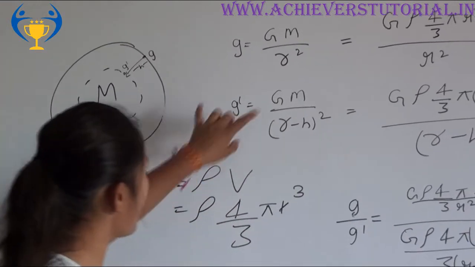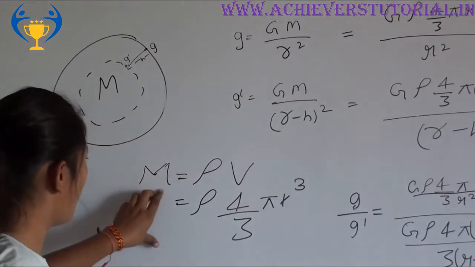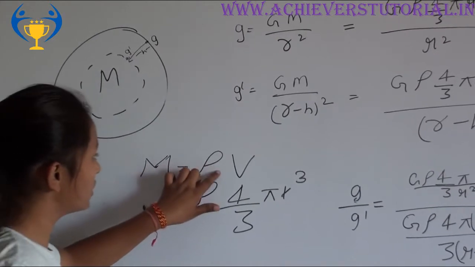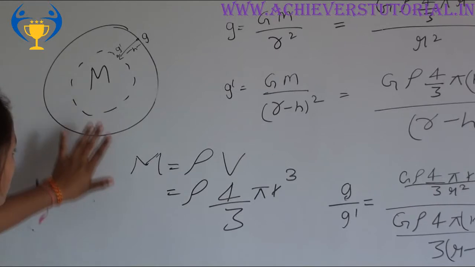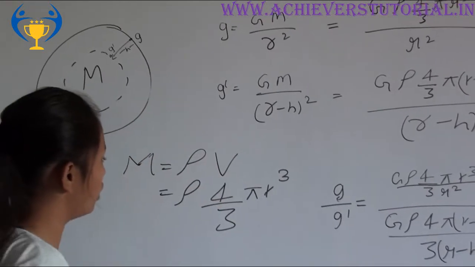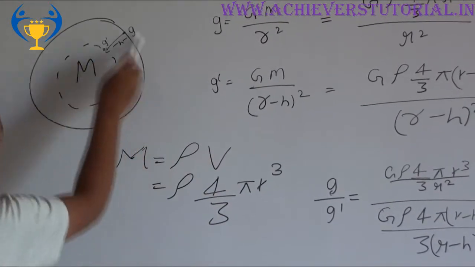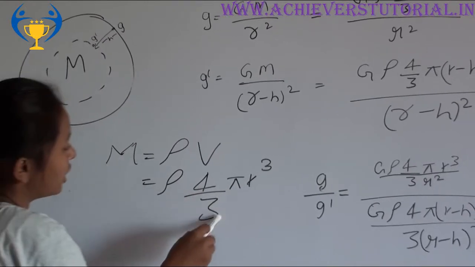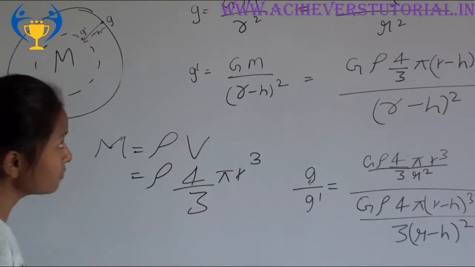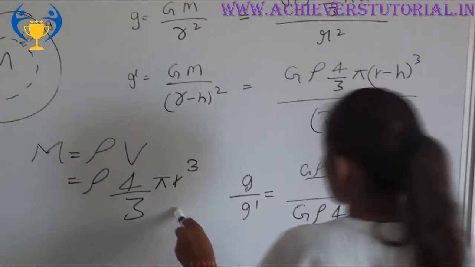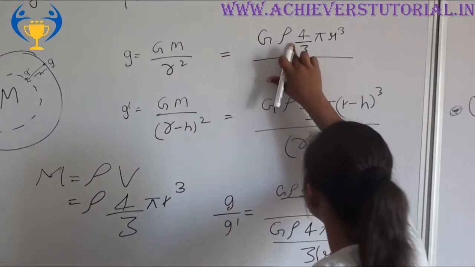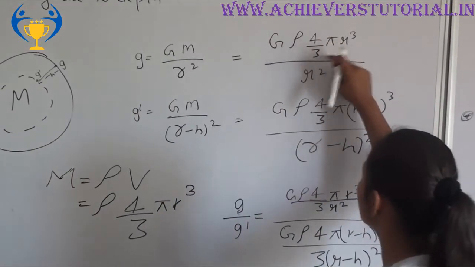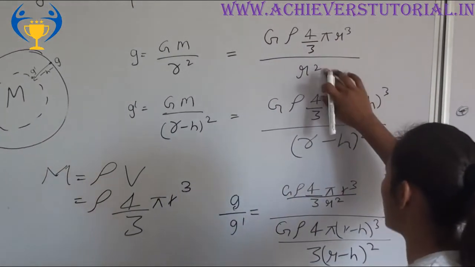We will take M as density times volume. As we know, it's a sphere, so the volume is 4/3 pi r cube. So GM is equal to G times density times 4/3 pi r cube upon r square.